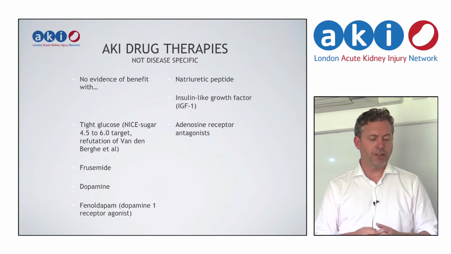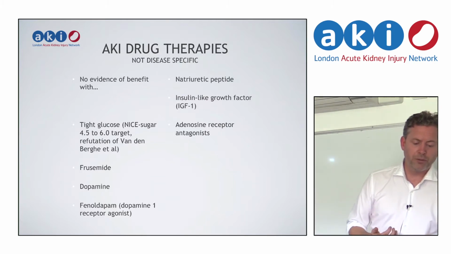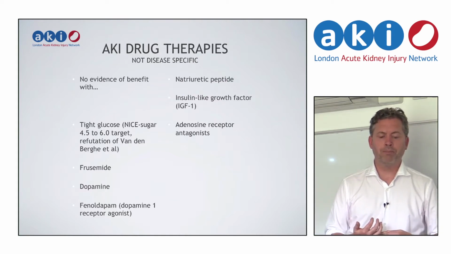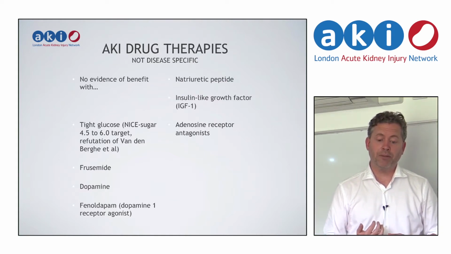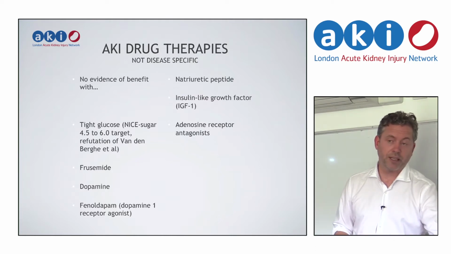So these agents that are on the slide have actually been formally trialled. So no evidence of benefit for tight glucose control, furosemide, dopamine, fenoldopam, natriuretic peptide, insulin-like growth factor, or adenosine receptor antagonists.